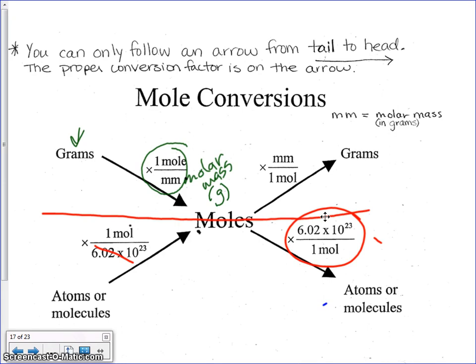For example, the grams with the green arrow would be my starting. If I said, hey, I have 19.4 grams, just like we did in our problem, then the fraction I would use would be mole over the molar mass in grams, because that will make sure that I cancel out the unit I'm starting with. My final part will be then that I end up in moles.